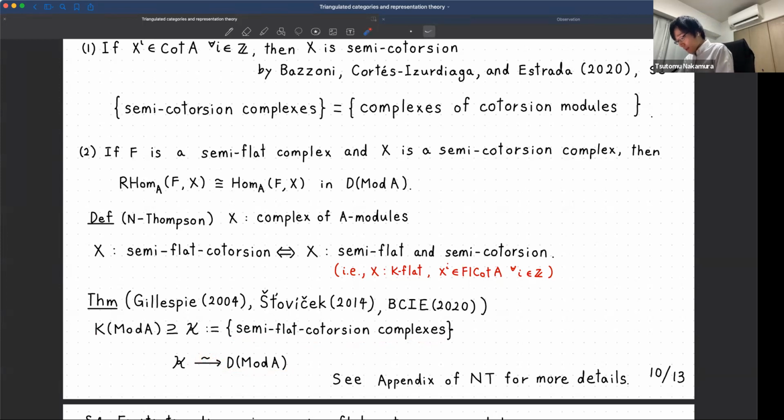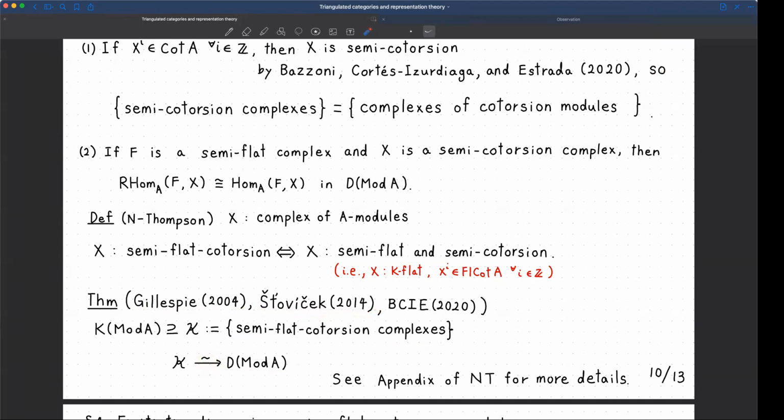An important fact was essentially proved by Gillespie about completeness of some cotorsion pair in the category of complexes. Combining it with Stovicek's work, we can actually prove it, but this is still unfortunately a preprint.